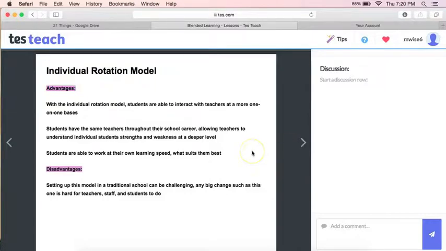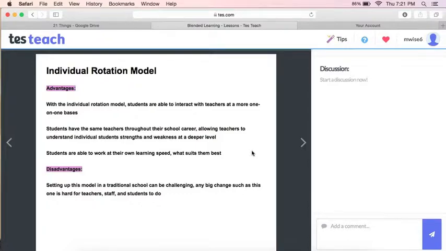So to implement this individual rotation model, it should be more school-wide, but it doesn't mean that it can't happen in an individual classroom. It'll just take some creativity and some thinking. Some of the advantages of this individual rotation model are that students are able to interact with teachers on a more one-to-one basis.